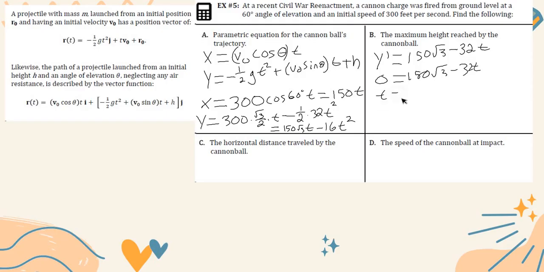We get t equals negative 150 square root of 3 divided by negative 32, which is 8.119, and we are in seconds. Okay, is that my answer?